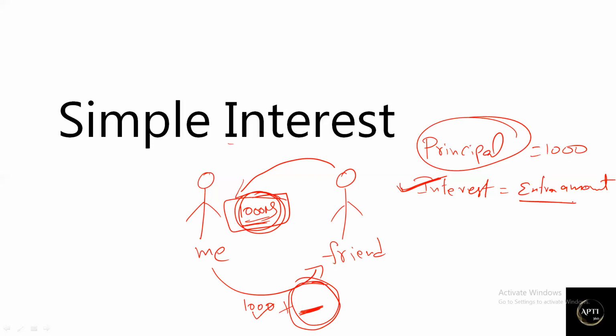How much extra amount I need to give completely depends on how many years you are using that money, or how many years you have an agreement with your friend. It depends on the number of years. n is the number of years, and another term for n is t, the time period. Time period or number of years.